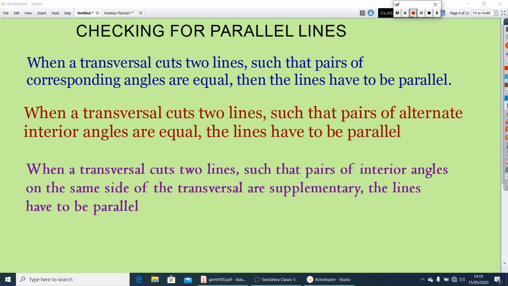If the corresponding angles are equal, you can say lines are parallel. If the alternate interior angles are equal, then also lines are parallel. Or if interior angles on the same side of the transversal are supplementary, then also the lines have to be parallel.